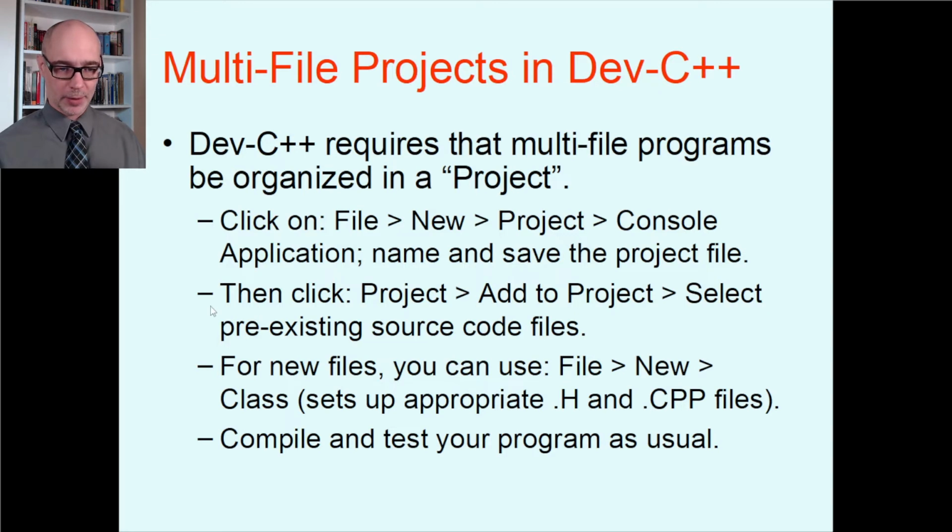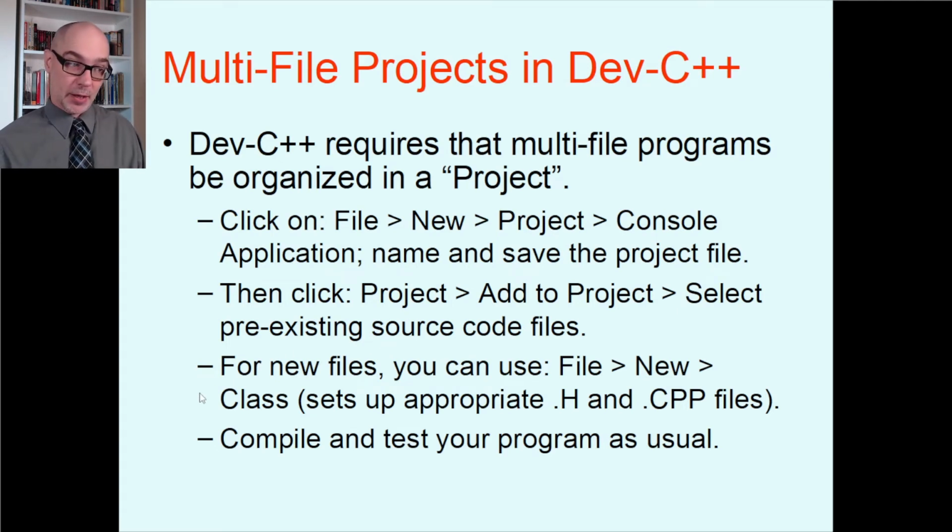But the new thing is, let's say you're using some example from the book that's got a header file and an implementation file and an application file. So now you're going to click on Project, Add to Project, and select those three files, or however many there are. And now the project has a record that these are all the files that are part of this project.